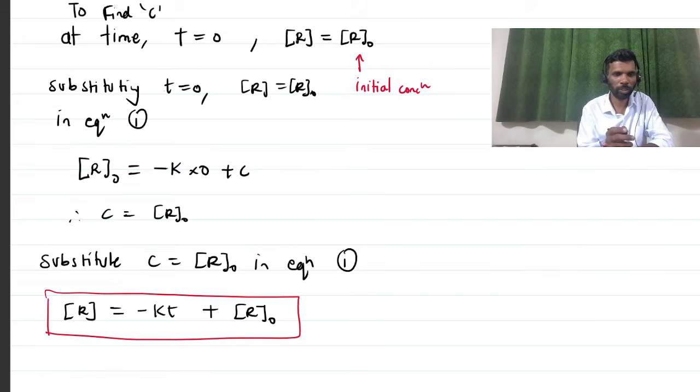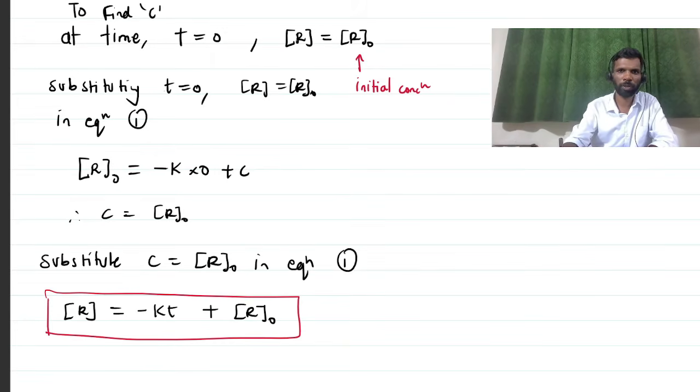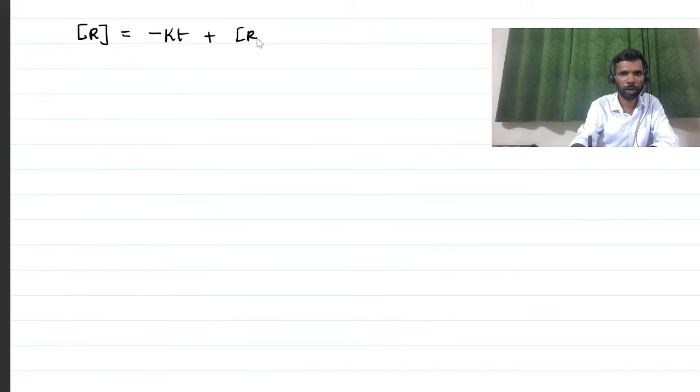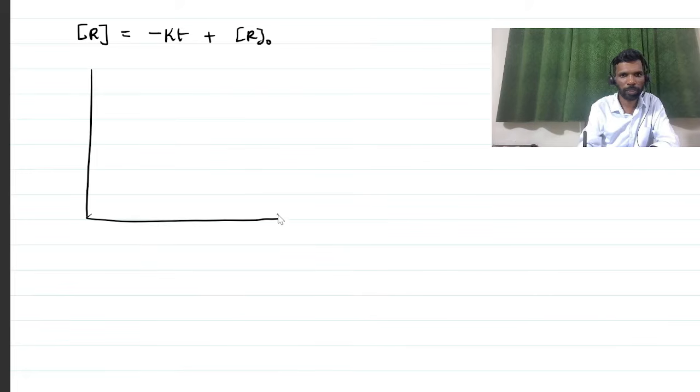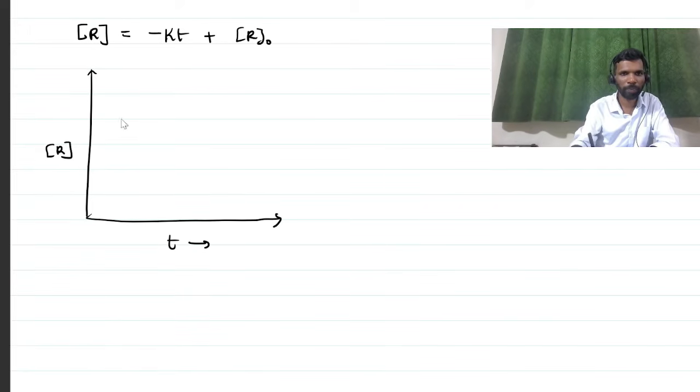Now I'll tell you some extra things about this. This is the equation and you should know the graph also. R is the variable, and this is minus KT plus R0. If I want to represent this on a graph, R is on the y-axis and time is on the x-axis.